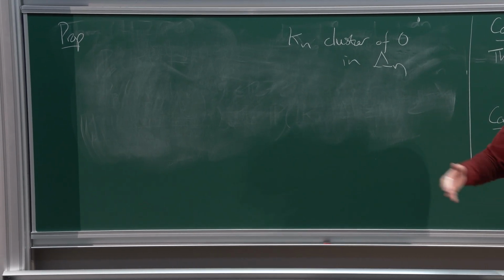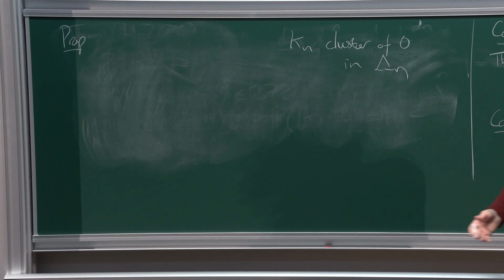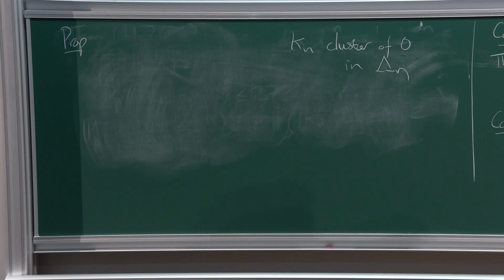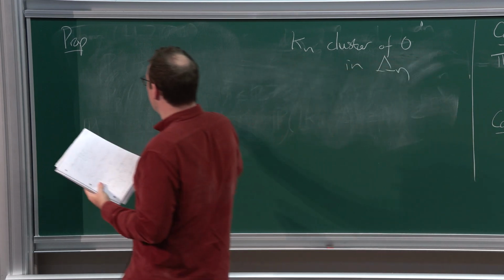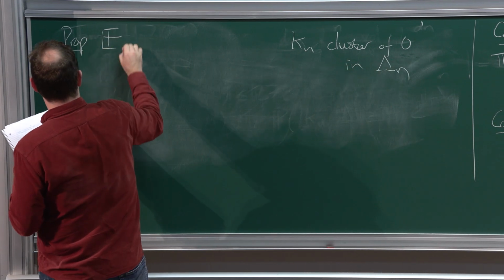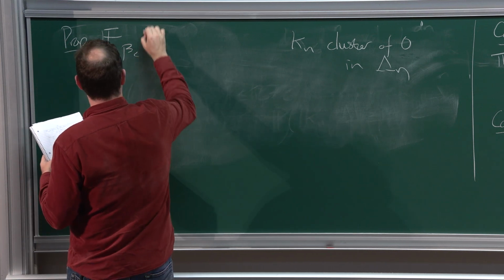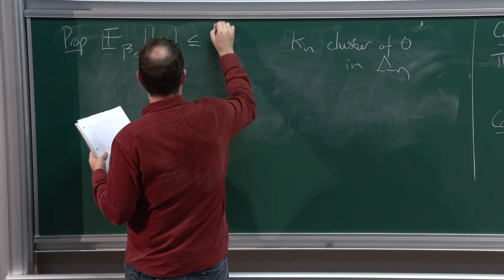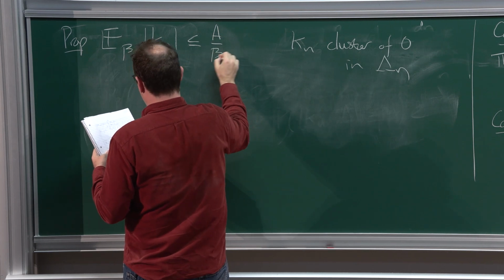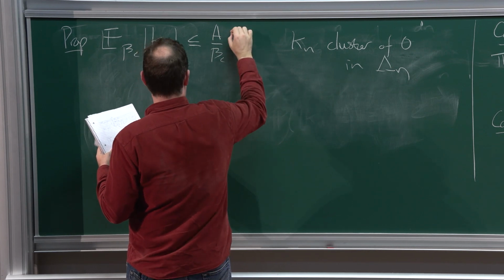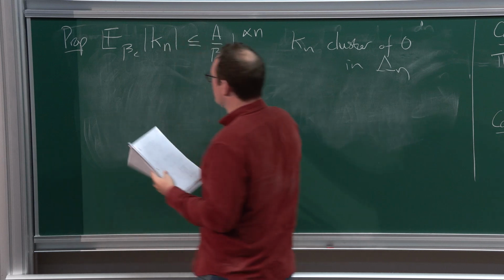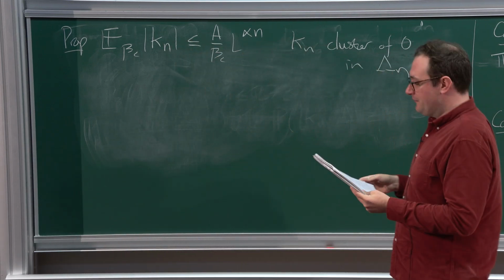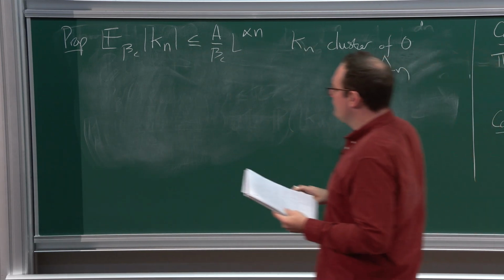So again, that means you're not allowed to leave the block when taking this cluster. Okay? And what we want to show is that at criticality, the expected size of this is at most some constant over beta c. This is not the same constant A as before, times alpha. Okay?